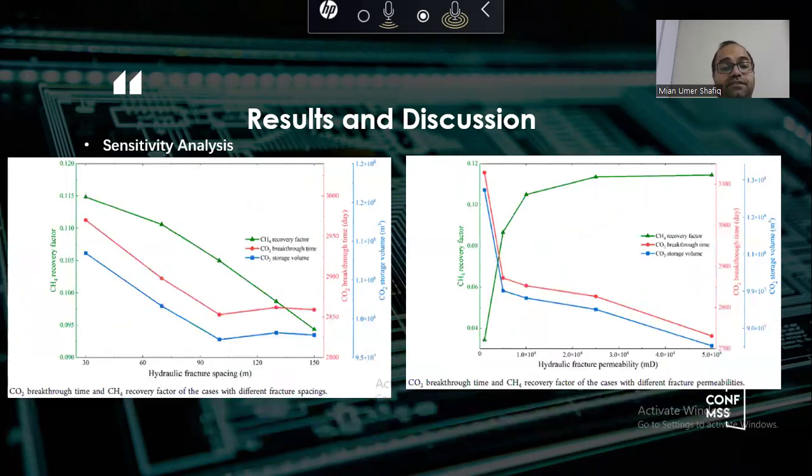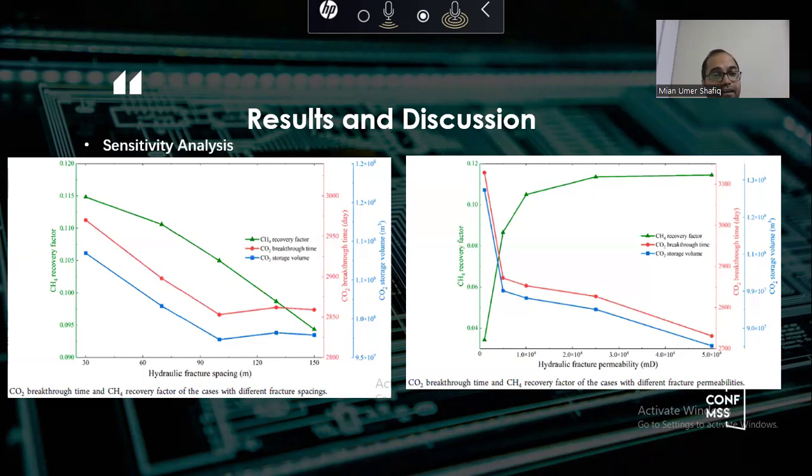Now you come to the next pictures, which show the hydraulic fracture spacing and the hydraulic fracture permeability. If you see the hydraulic fracture spacing, with the increase of spacing, the shale gas recovery decreases.